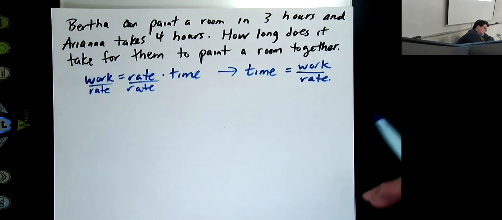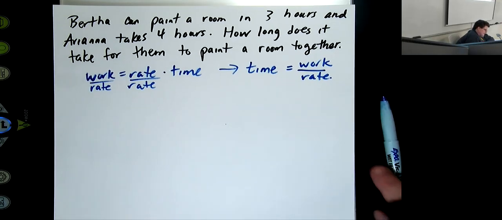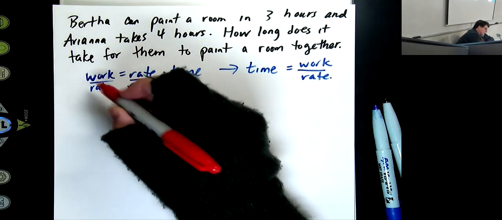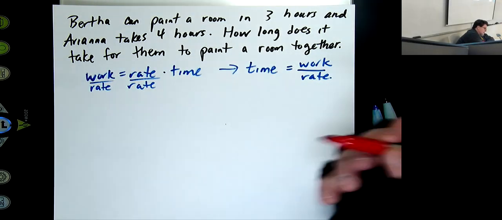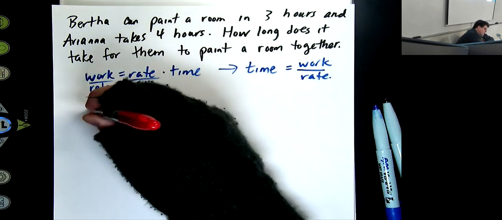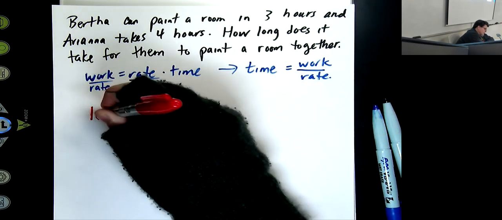That's not somewhere I want to go yet. Let's work with work equals rate times time as it is. The work is the job you're doing. So one room is the total job you're doing. You're painting one room.